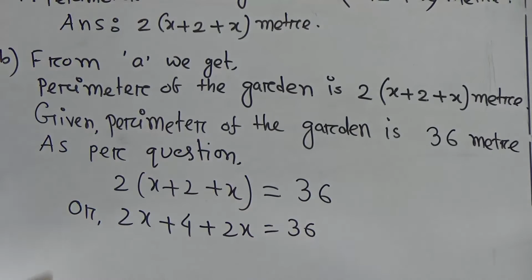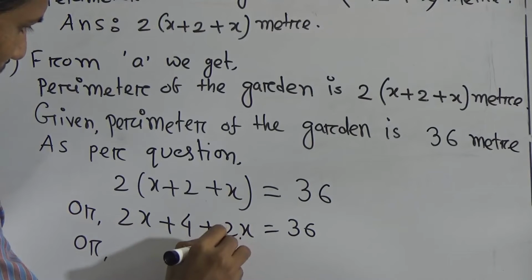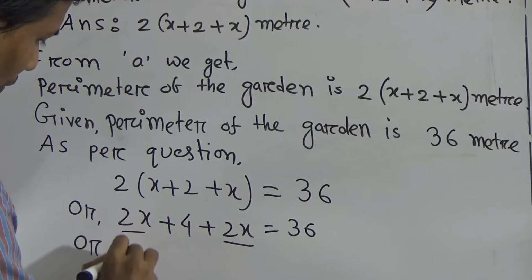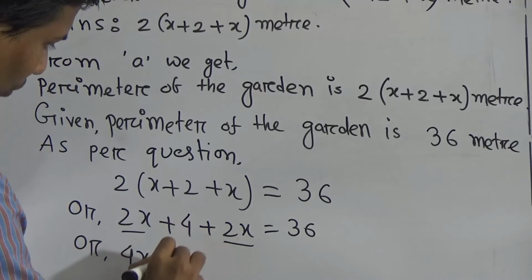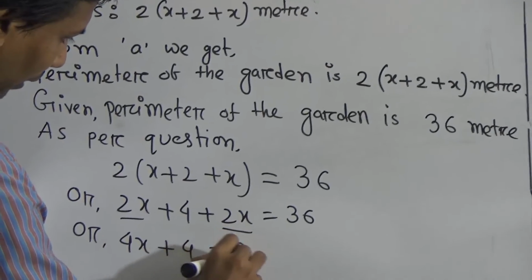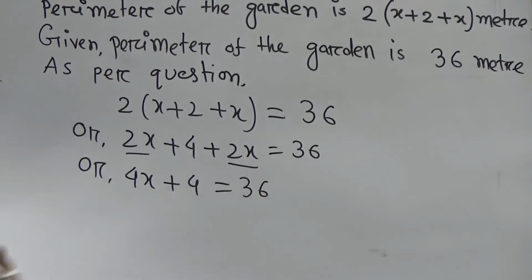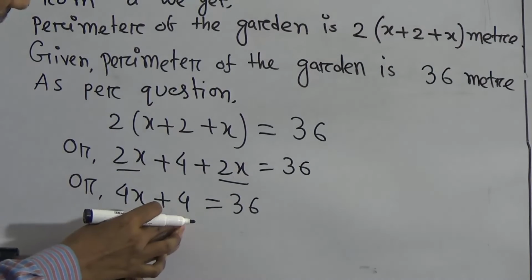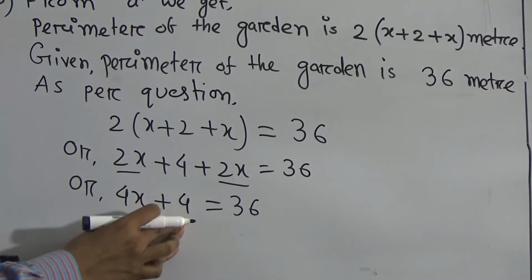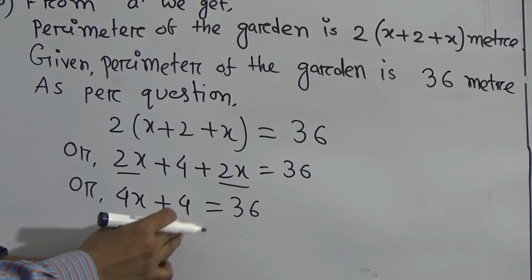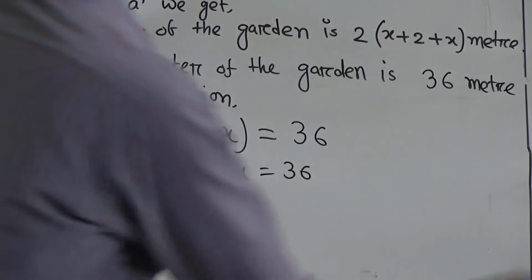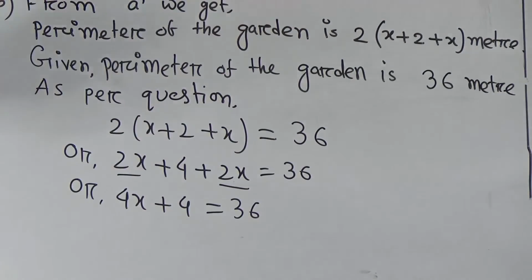Okay. Now you see 2x plus 2x equal to 4x, plus 4, equals 36.